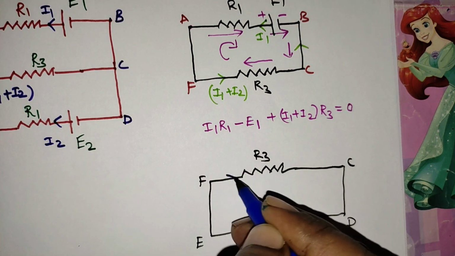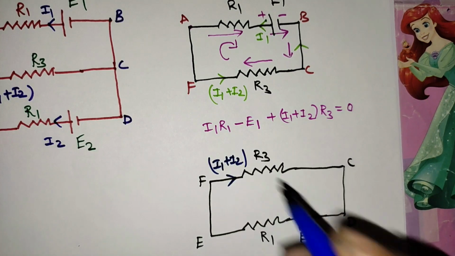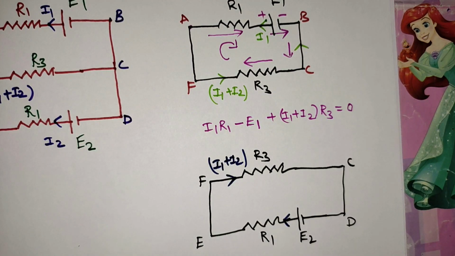Already we know this is the direction. Already we know I1 plus I2. Here I2 is traveling.